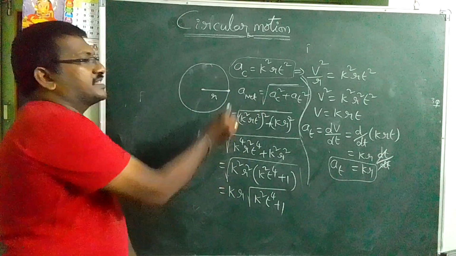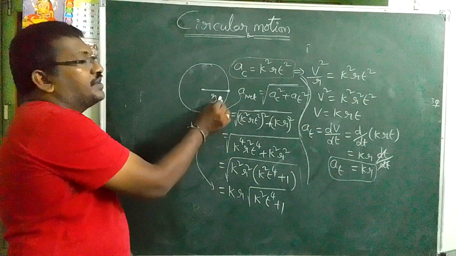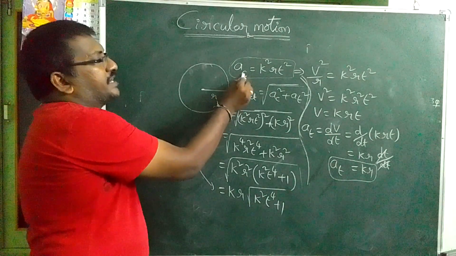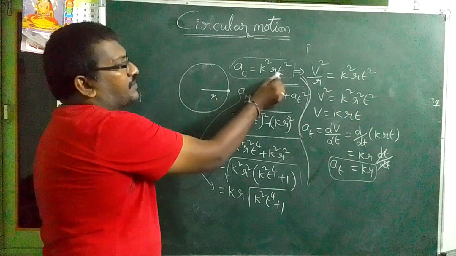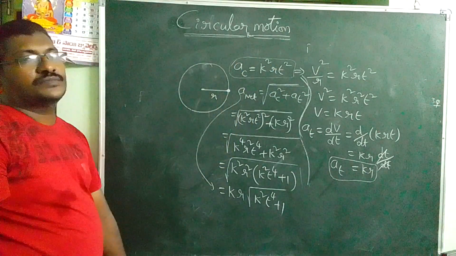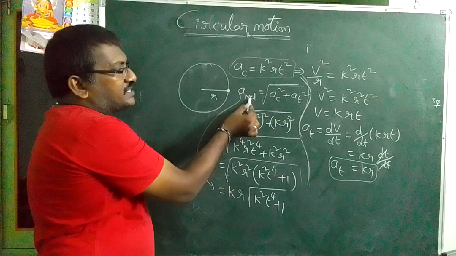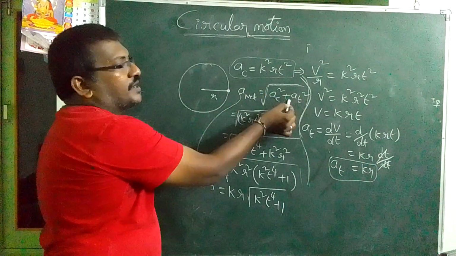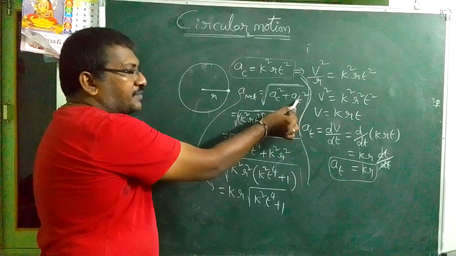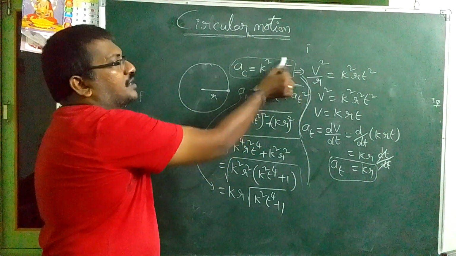That's the net acceleration of the particle in circular motion which has the centripetal acceleration as a function of time, that is AC equal to k square r t square. We know the formula for net acceleration. AC is there but AT is not there. AT can be calculated with the help of this value, Nana.